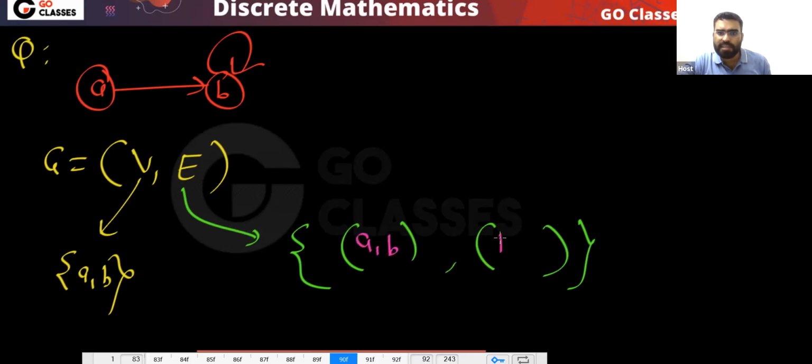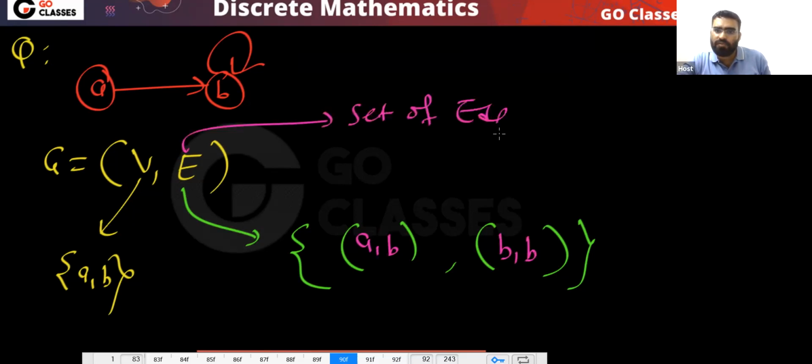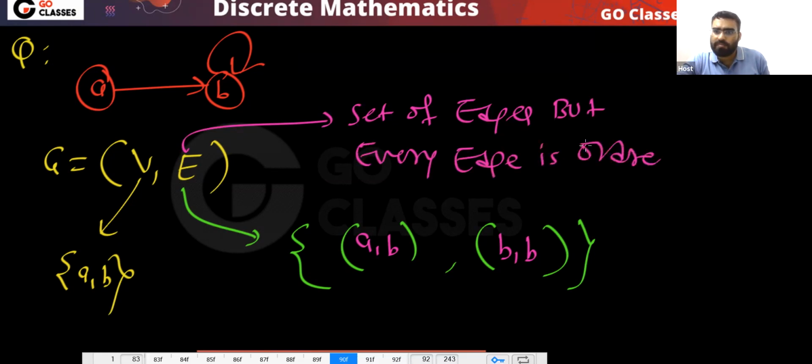Like from A to B we have an edge, from B to B we have an edge. So this is a set of edges, but every edge is an ordered pair.